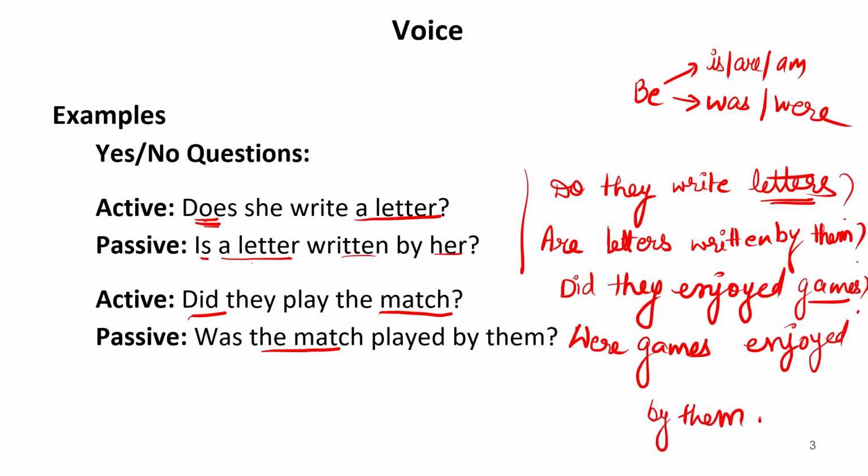This basically happens because in the active sentence we use only the first form of the verb, whereas in passive voice we need the third form of the verb, and be can be followed by the third form of the verb.